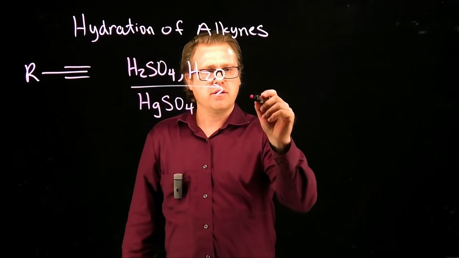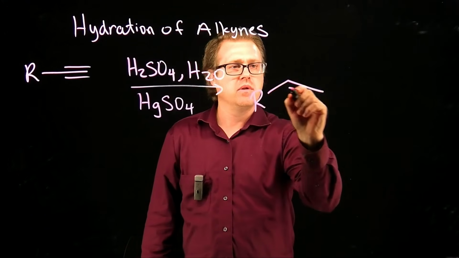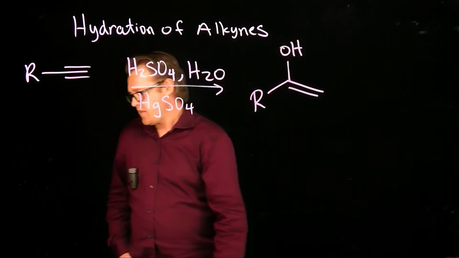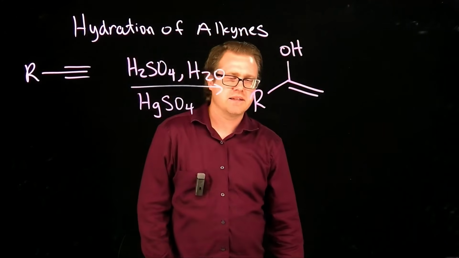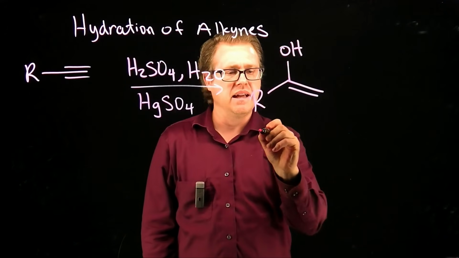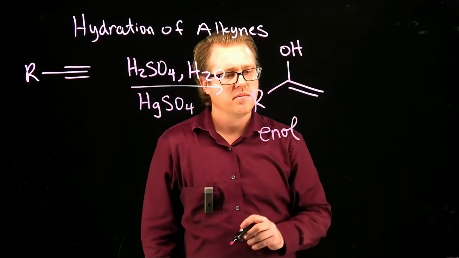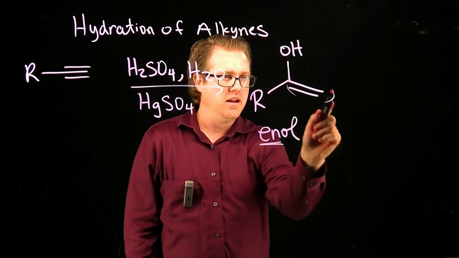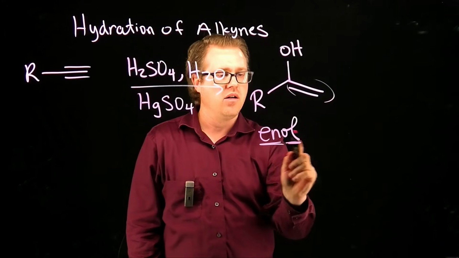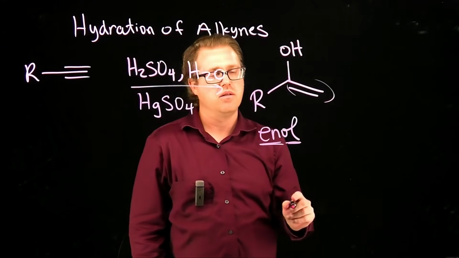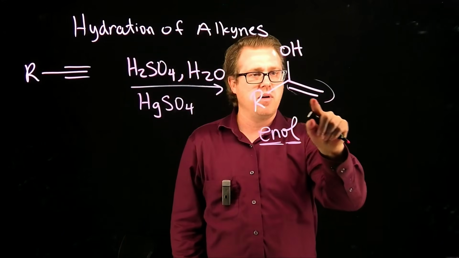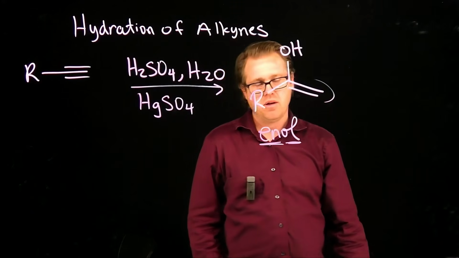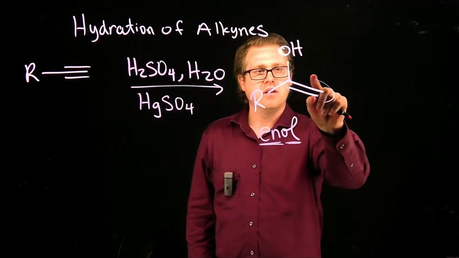Now what it turns into is this molecule right there. And that molecule has a very special name, and that's called an enol. The ene is for the alkene, and then the ol is for the alcohol. So when you have a double bond right here and an alcohol directly attached, we call that an enol.